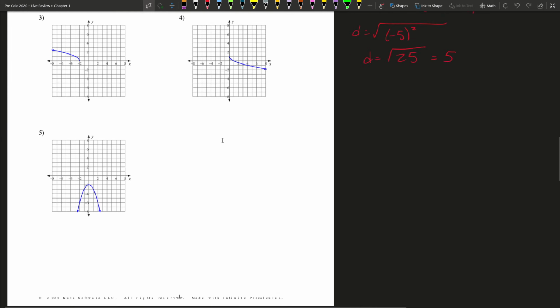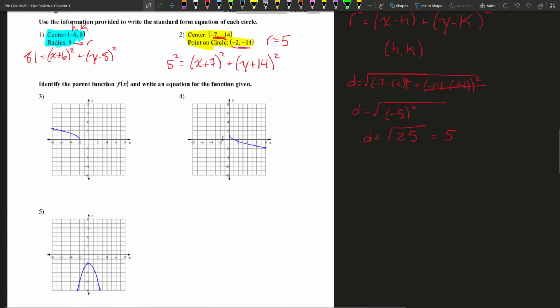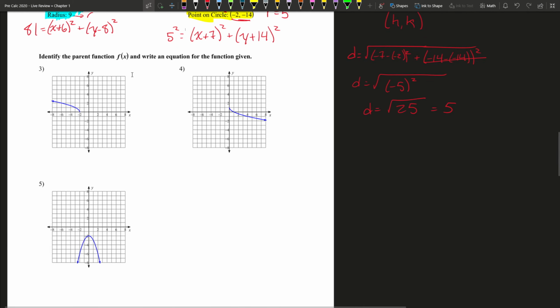All right, 3 through 5, the second 3 through the second 5. Identify the parent function f of x and write an equation for the function given. All right, so this is where we need to know what the parent functions look like. Okay, so number 3, this parent function is the square root of x.